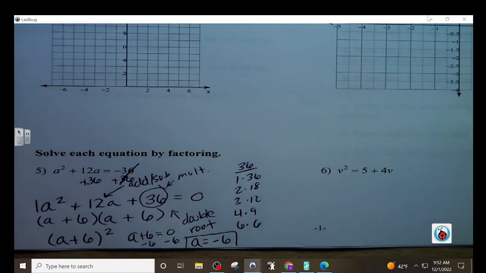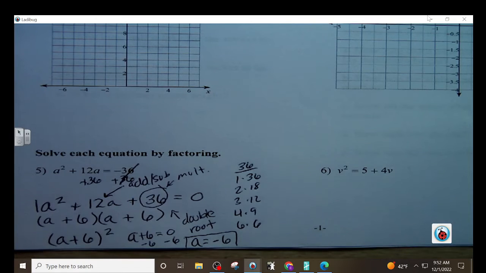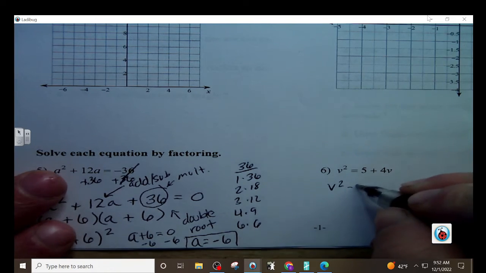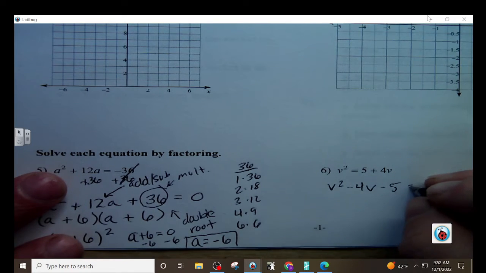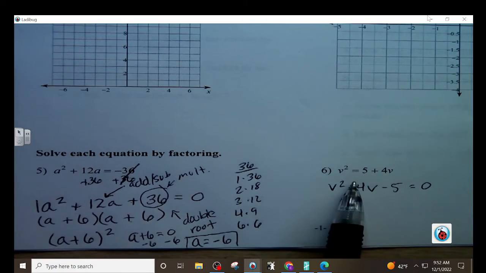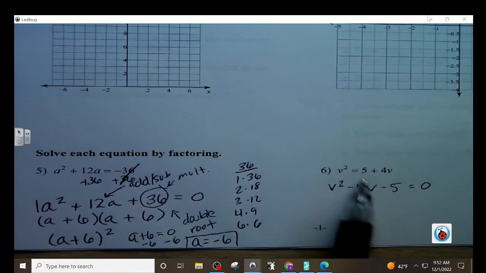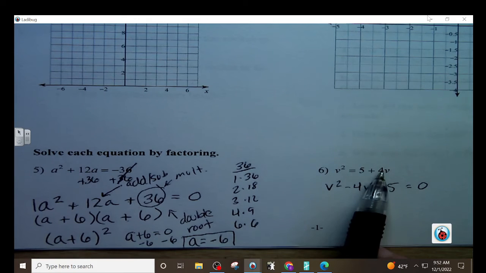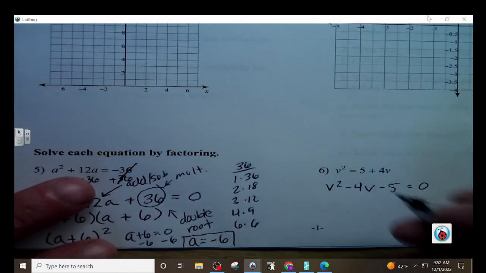Okay. Guys, does anybody know what this will look like in standard form? Number 6. A squared minus 4b minus 5. Perfect. Because the reason why, guys, we had to get this right side equal to 0: to make this 5 become 0, I had to subtract it, which means I had to subtract it from both sides.